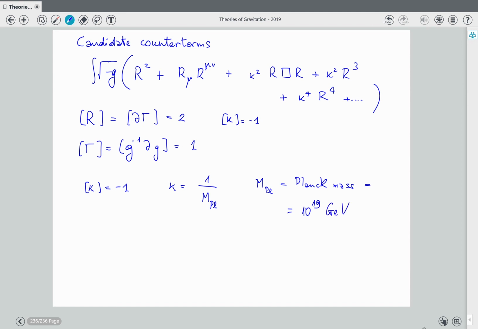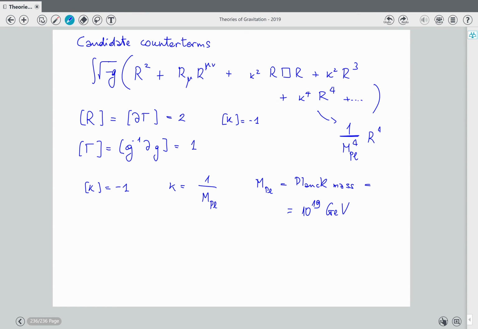So those terms that you can build are suppressed by higher and higher powers of the Planck mass, which means that they become relevant when your R, your curvature basically, is considerably different from 0, which may happen, I don't know, in the Big Bang in the very first times, or in black holes, or certainly not in high energy experiments that you can make in laboratories, because we are very far from 10 to the 19 GeV at CERN.